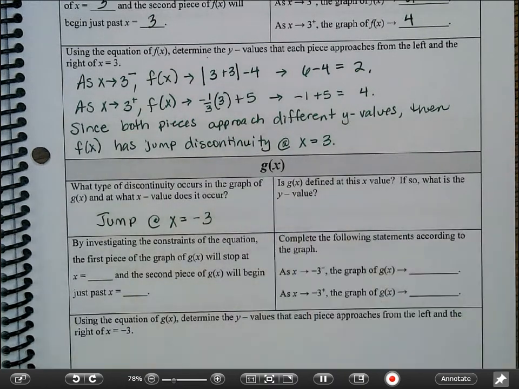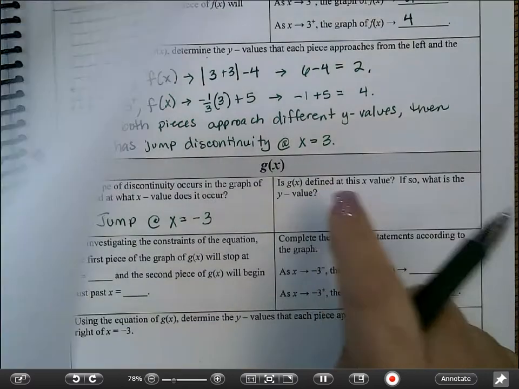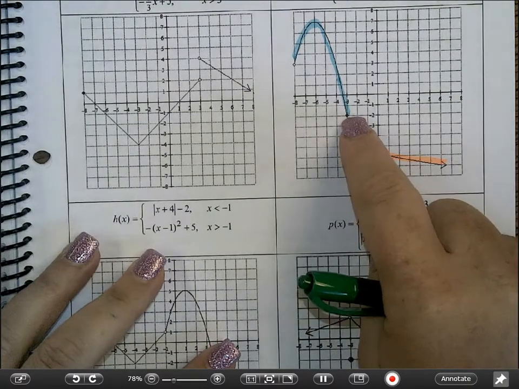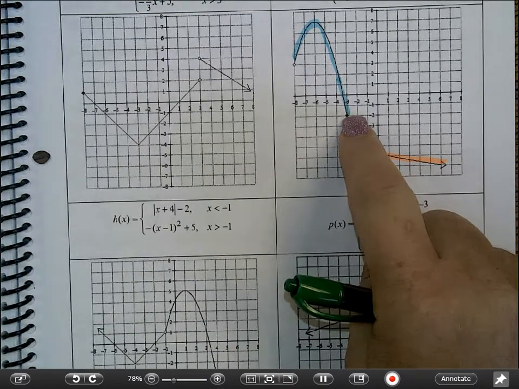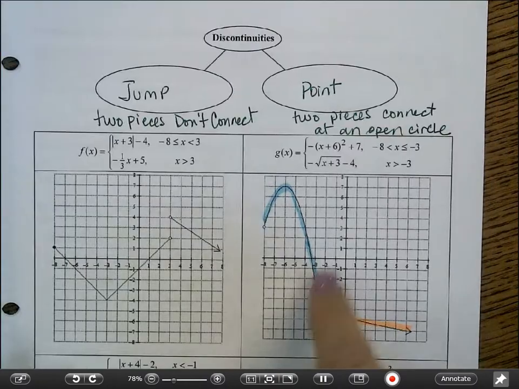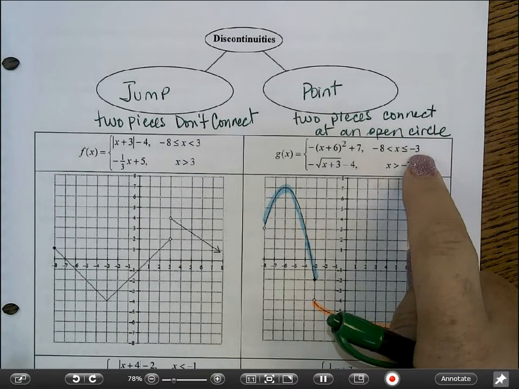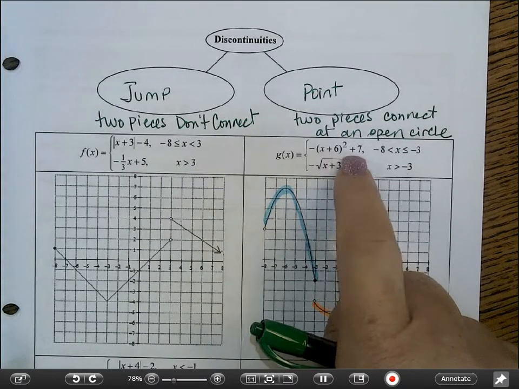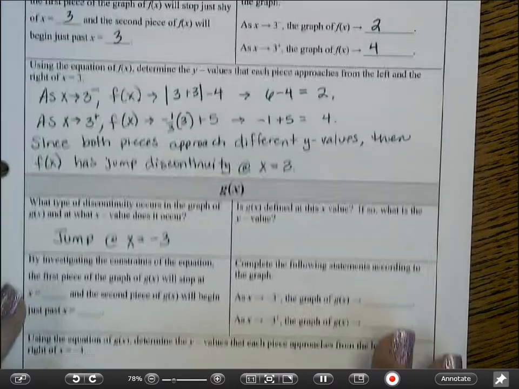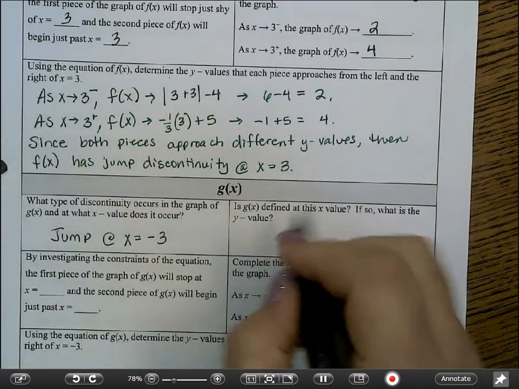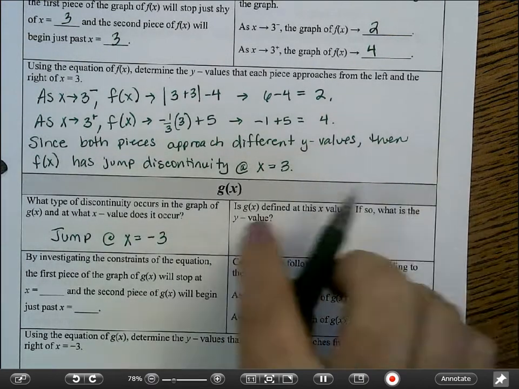Is g of x defined at this value? In other words, is there a defined y value? Yes, there is a defined y value because there is a closed dot. In other words, I could go back into this function, plug in negative 3 because it's equal to, and figure out that exact y value. So g of x is going to be defined. If so, what is the y value?